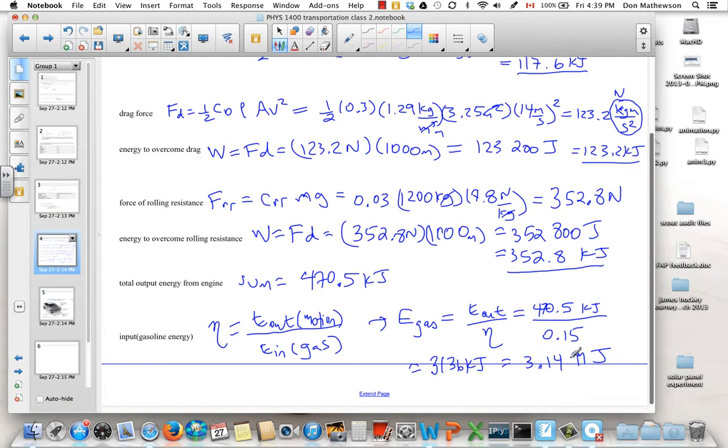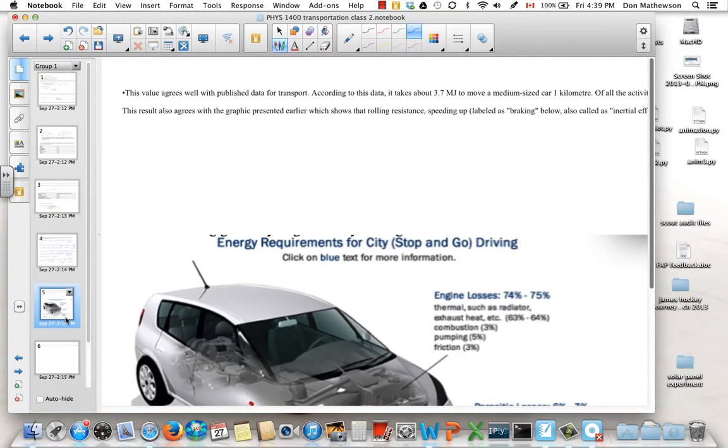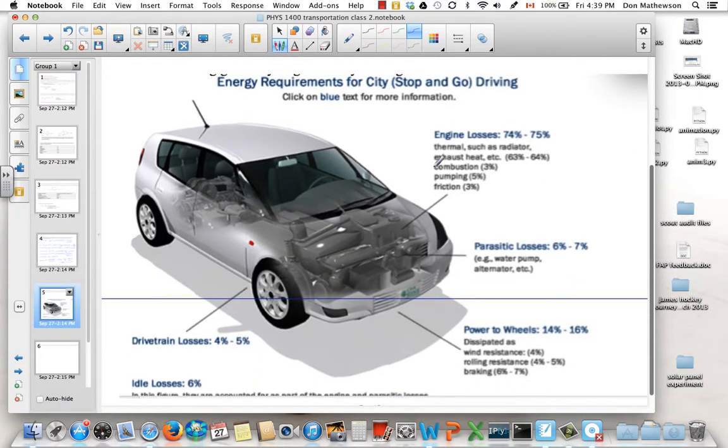Now, that figure, the number of joules to move the car a kilometer, is known as a cost of transportation. And in the textbook, we derived a value of about 3.7 megajoules to move a medium-sized car a kilometer. So that certainly is quite close to the value that we just calculated. Now, we used a value of 15% efficiency.